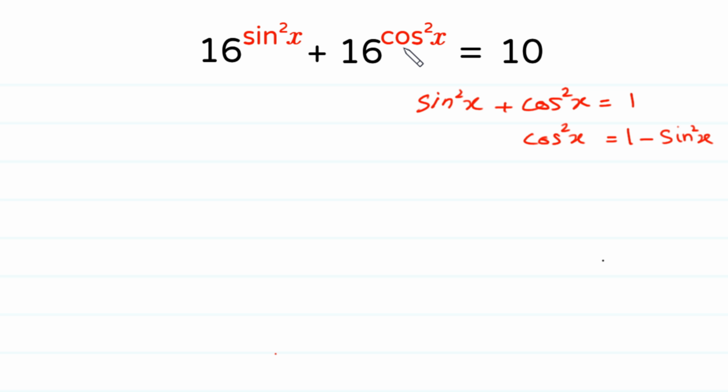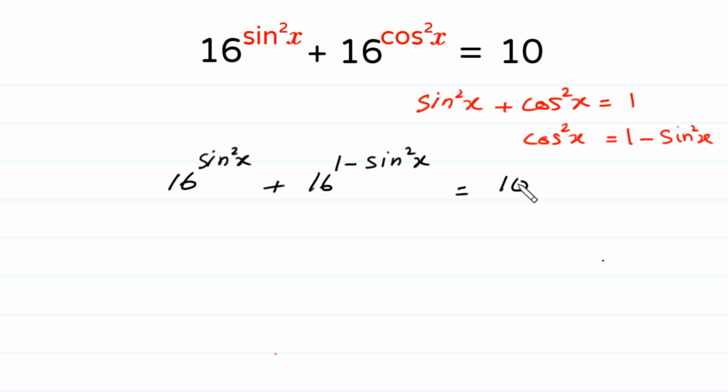So we replace this cos square x with this 1 minus sine square x. Like this, 16 to the power sine square x plus 16 to the power 1 minus sine square x is equal to 10.